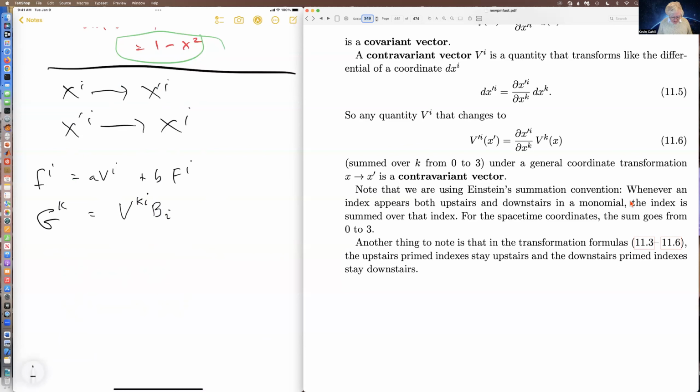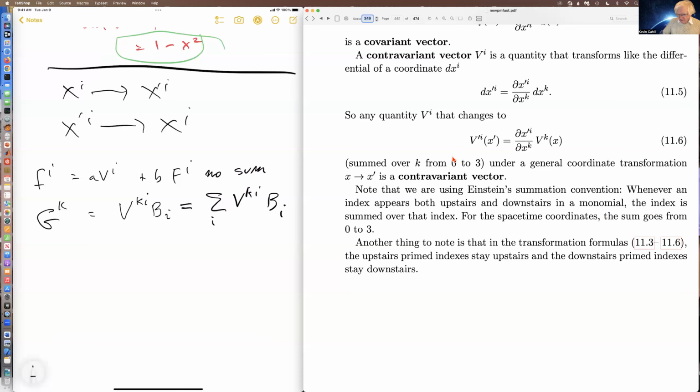Okay, here the i occurs twice. It's the same monomial, and so you sum. So this is the sum over i of b_ki b_i. But here, no sum. So that's why I say in a monomial.